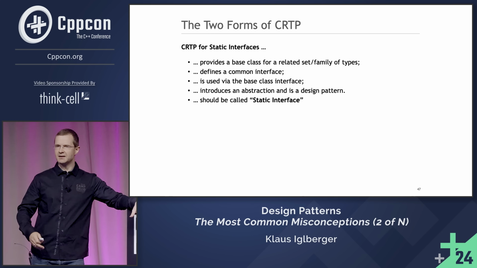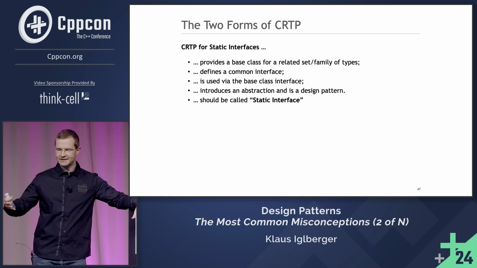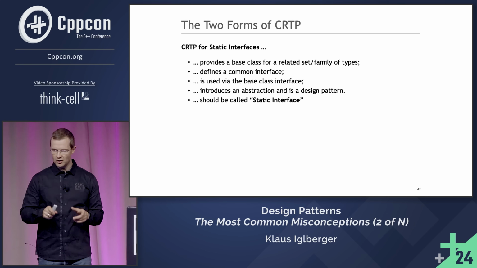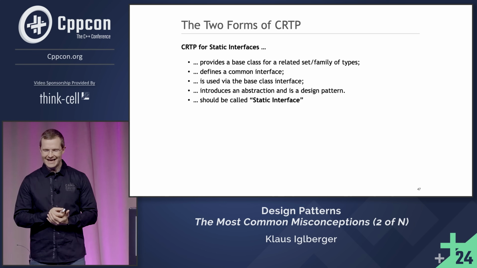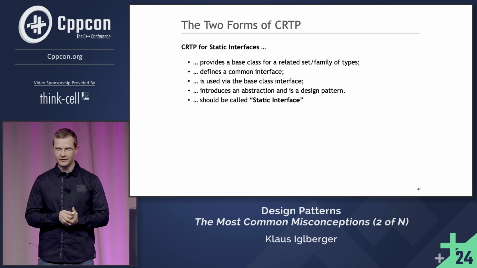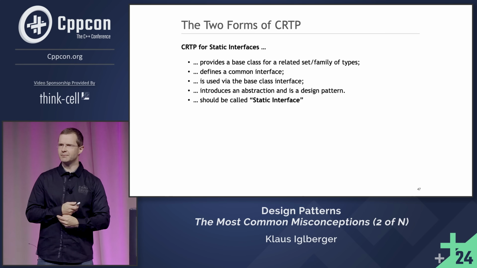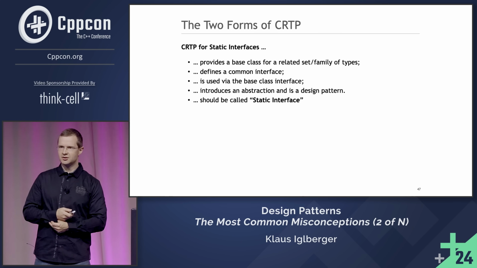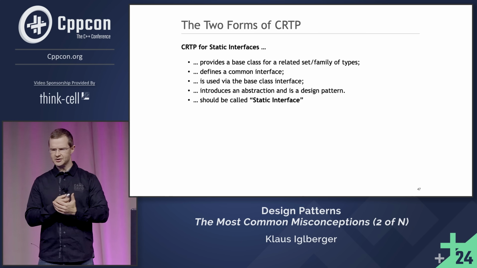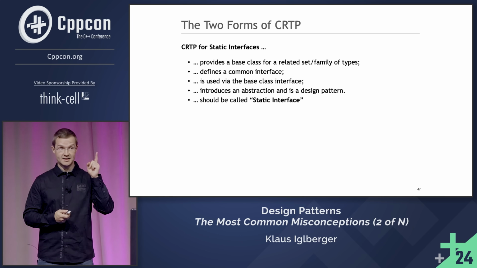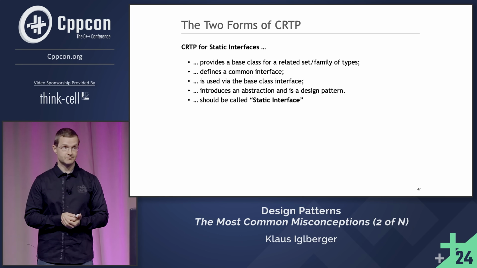So it's a design pattern, a pattern that you use to create an abstraction. And so I suggest that we call this form of CRTP static interface, just like Jonathan Bukhara has done a couple of years ago. I think this is fitting. This works. And it's unambiguous. So if you talk to somebody and say, I would use a static interface for that, this somebody now can say, I know exactly what you're talking about.